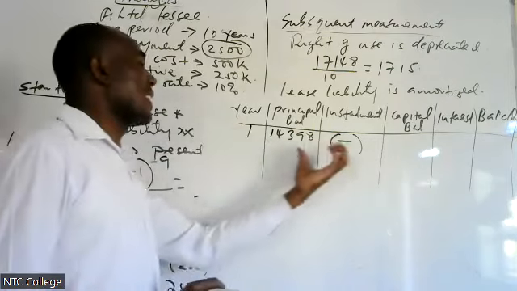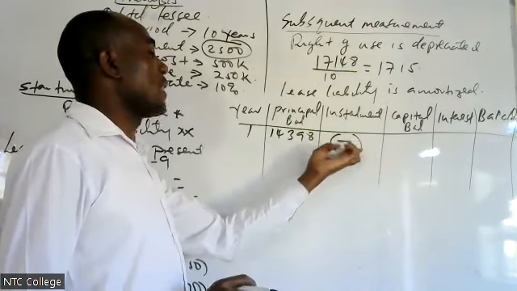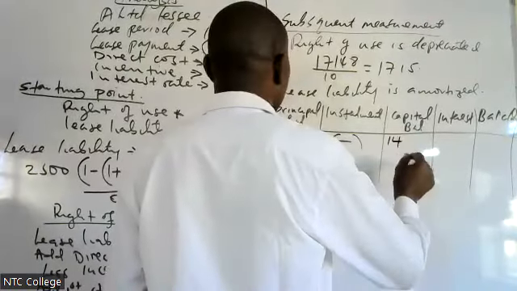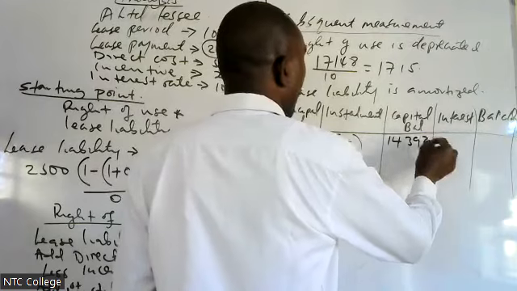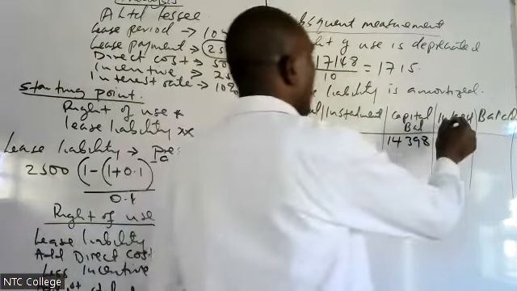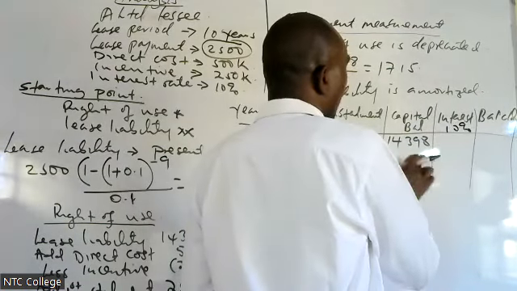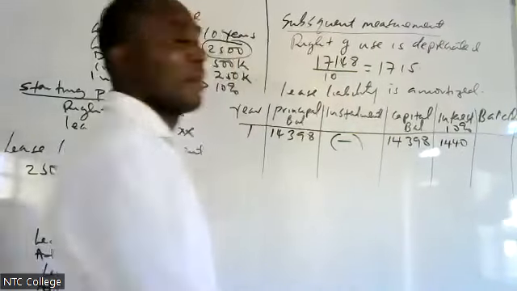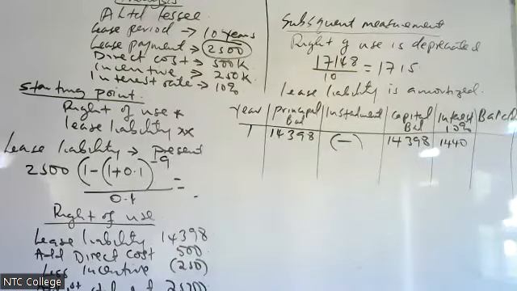Therefore, when you are amortizing, for installment in year one you put a dash. Then my capital balance is 14,398. Our interest charge is 10%. Now we charge interest on the capital balance, which is 14,339.8. I'm rounding off to 14,340.